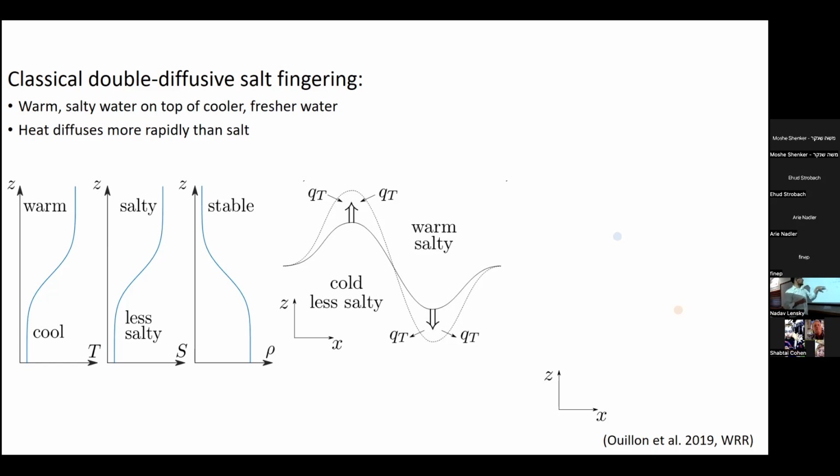But so this is the situation where we have in the vertical a thermohaline stratification, warmer and saltier over less and less, and it is overall stable. This is a situation that happens sometimes in the oceans, and wherever it appears, we will see in a minute that we have this instability.